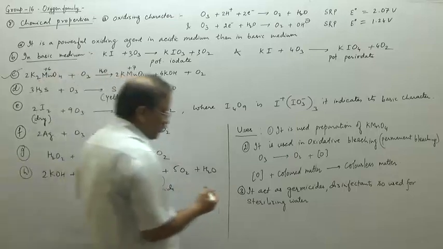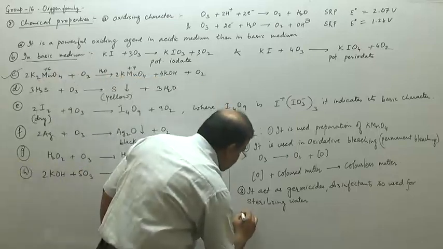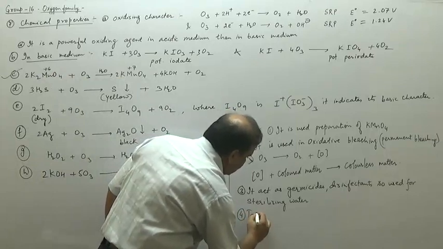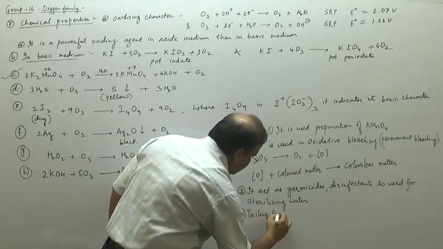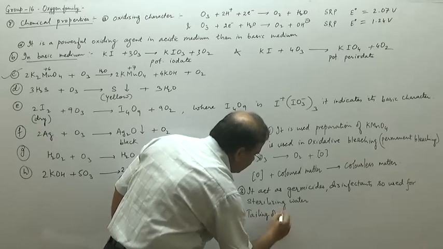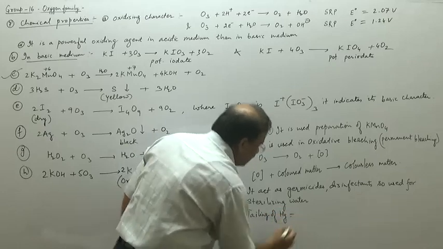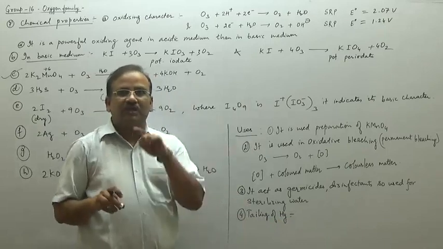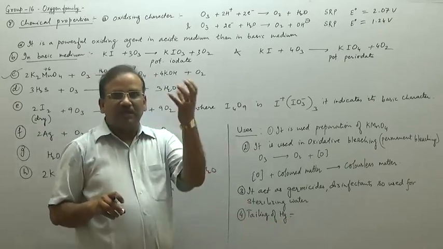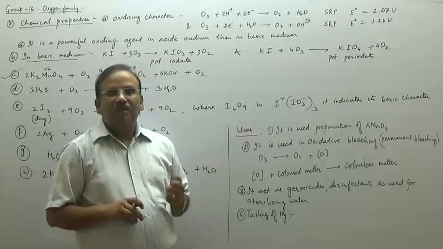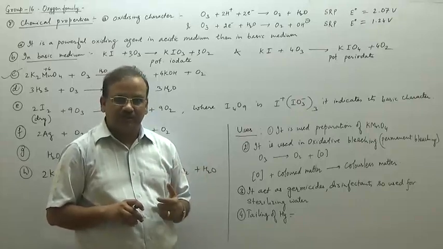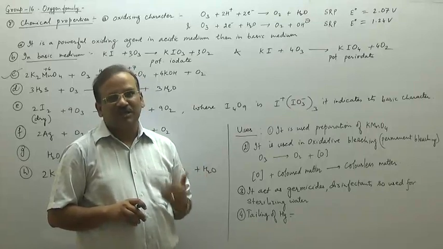And there is one more property, that is tailing of mercury. Actually what happens is, mercury flows and has a high meniscus when it is present in a glass jar. When mercury reacts with ozone, it forms mercurous oxide by losing its meniscus.